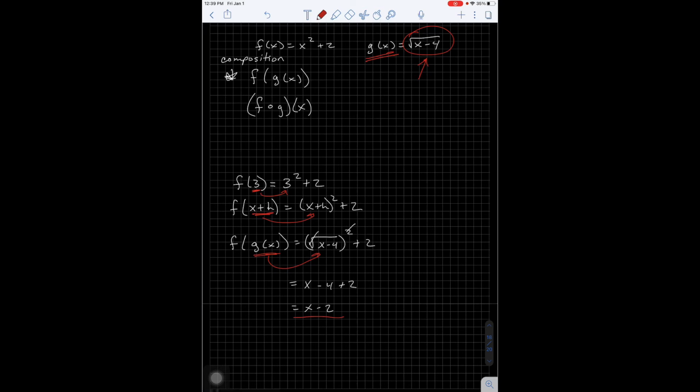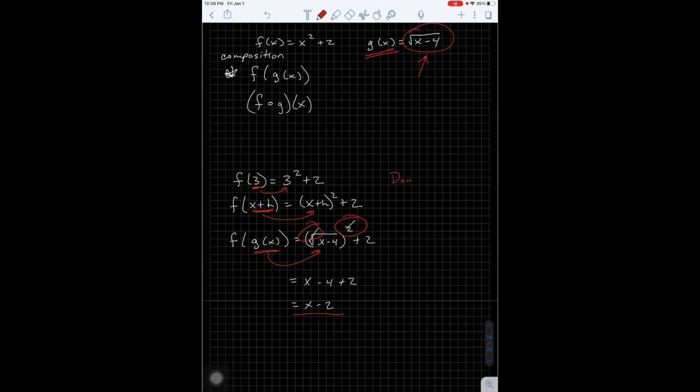And the issue is that sometimes the problem gets canceled off, as it did here with the root and the squared. So the rule for domain with composition is you need to check your final answer for domain issues, and you need to check the function that was plugged in.